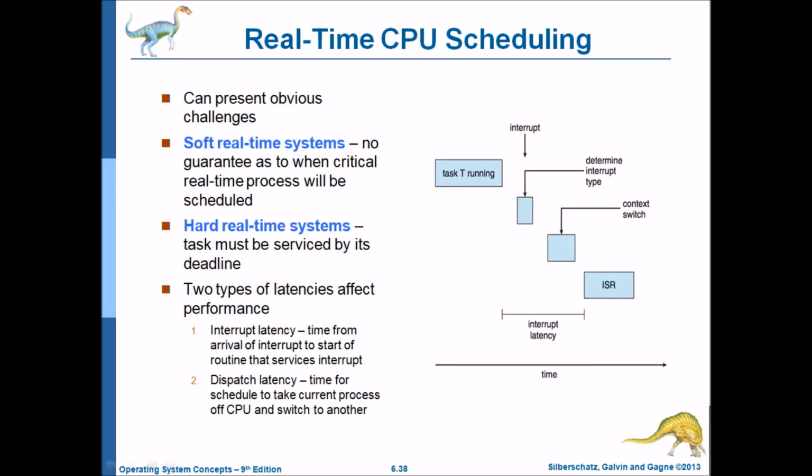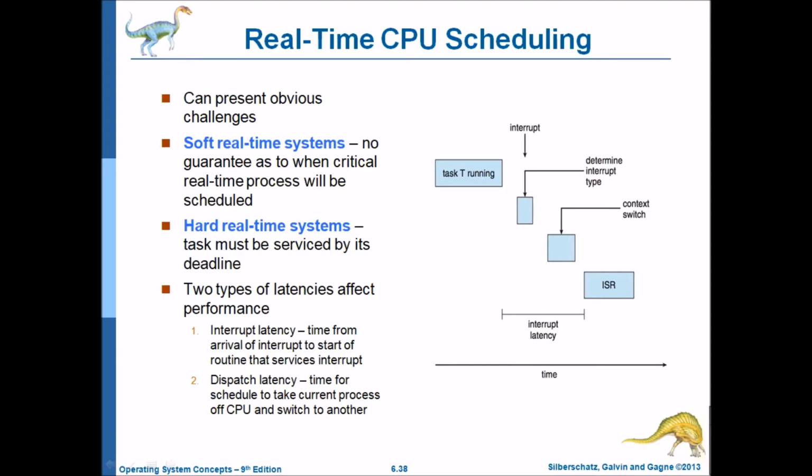Next, we have real-time CPU scheduling. The CPU scheduling for real-time operating systems can present obvious challenges. In general, we can distinguish between soft real-time systems and hard real-time systems. Soft real-time systems give no guarantee as to when a critical real-time process will be scheduled.